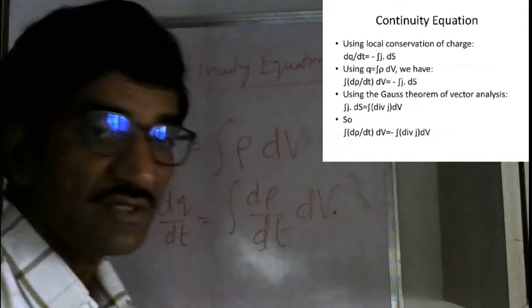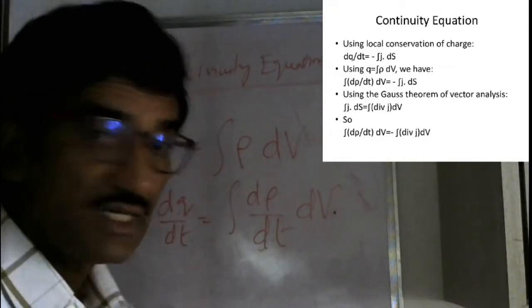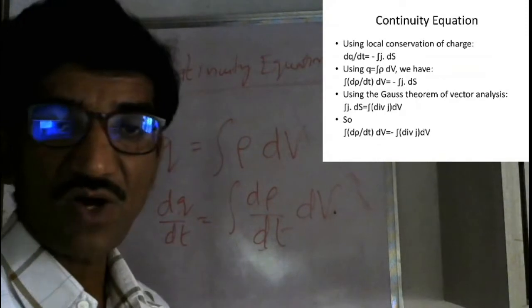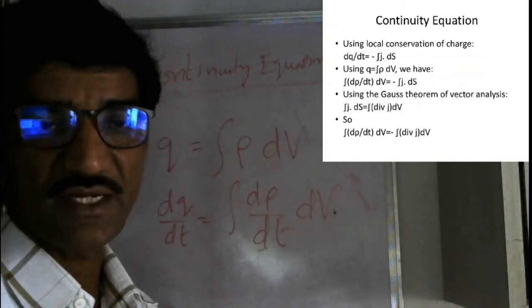According to the local conservation of charge principle, this change in Q within that volume is equal to the current flow.